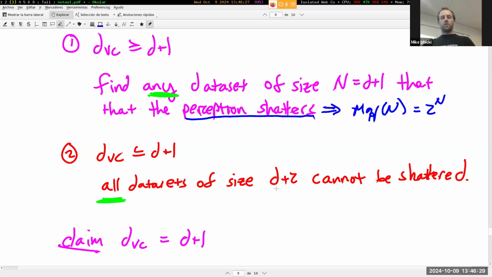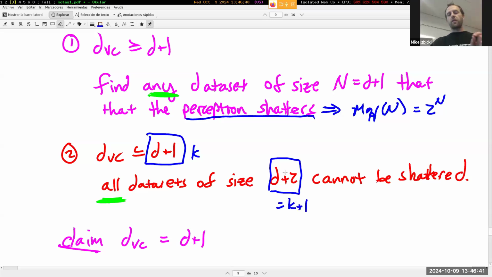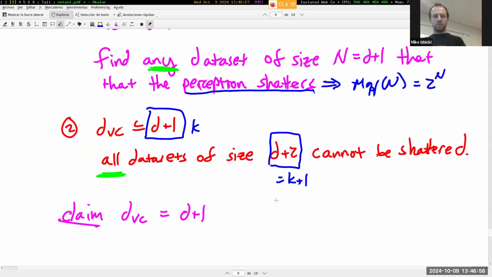If we call this thing right here k, a good constant, this thing right here equals k+1. Finding something that is exactly one larger than this thing over here shows that this thing is true. So yes, those numbers are correct. Good question.